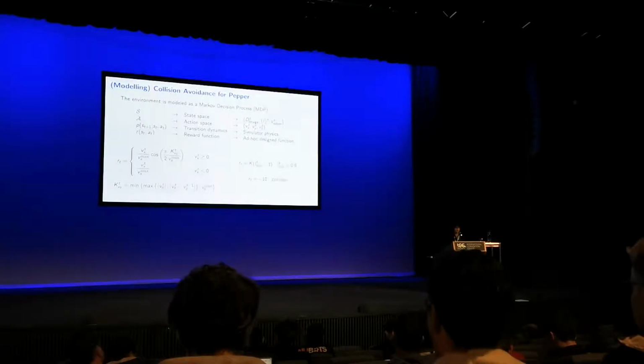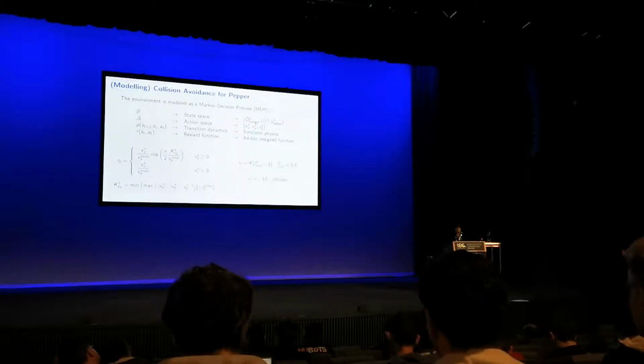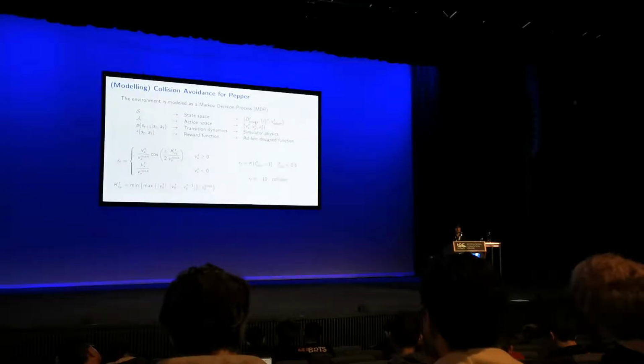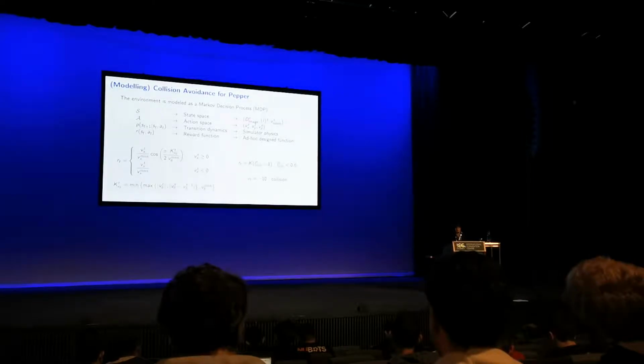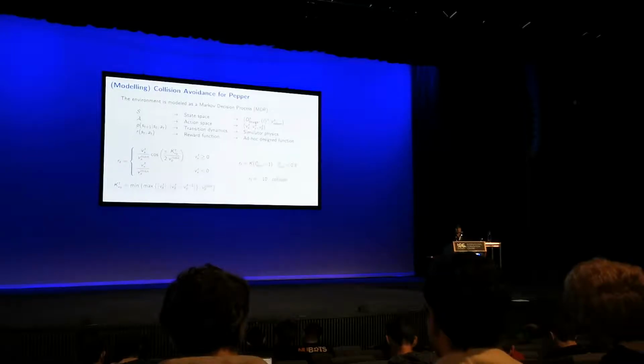As for the reward function, as you can see in the slide, on the left side we have one part of the reward that actually encourages the robot to move forward through traversable paths by encouraging it to have high x-axis velocities and penalizing high rotational speeds, so the robot doesn't get stuck spinning.